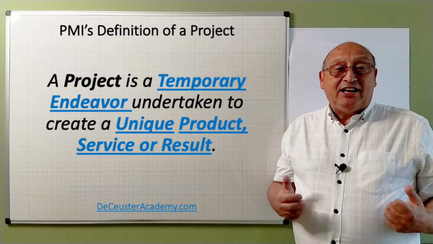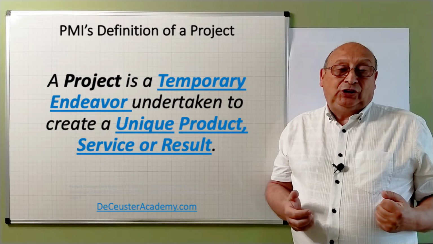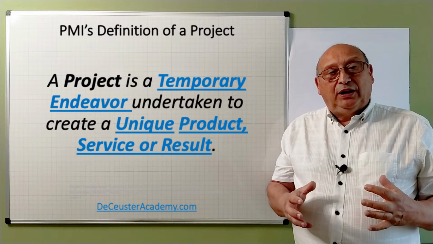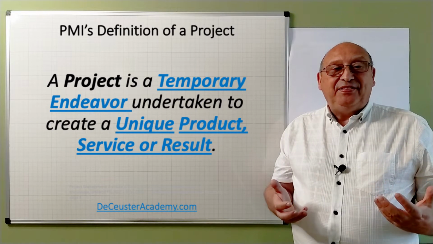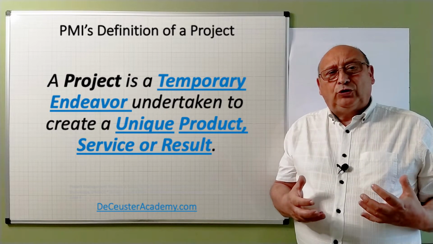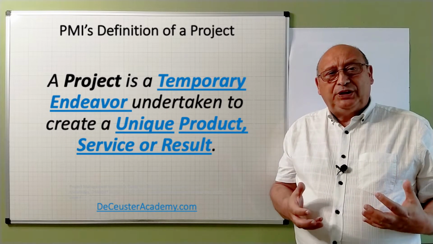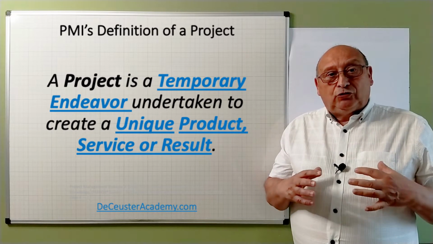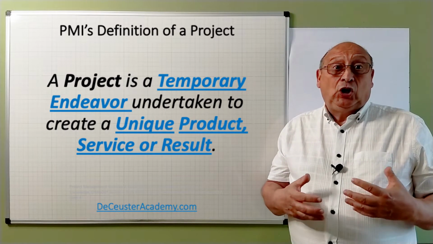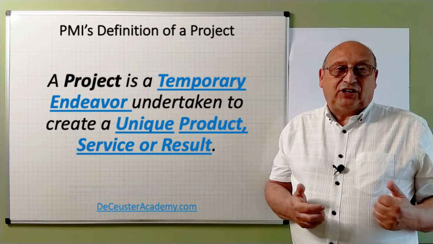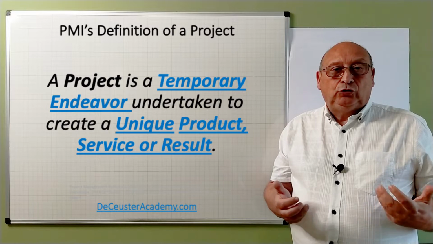When we look at an agile approach, we also have a limited time to do the project, but we will consider the ending of that project a little bit differently. We don't look at a fixed scope because we know in agile projects that the scope is not fixed. So defining that the project is completed is a little bit different from the classical or waterfall approach to a project.